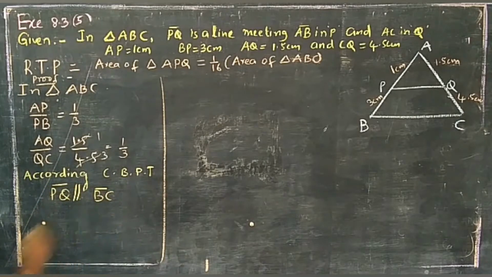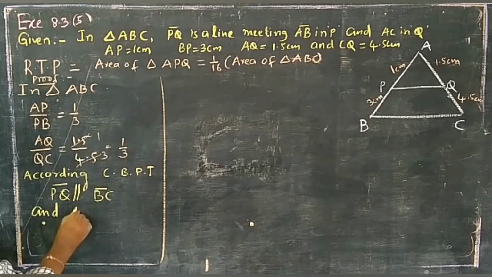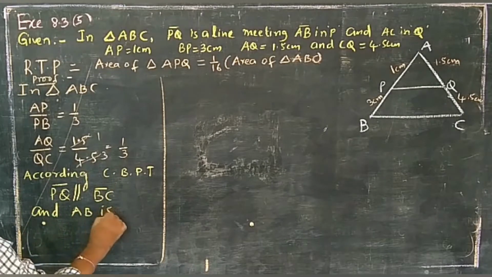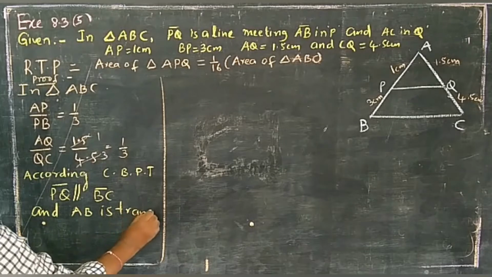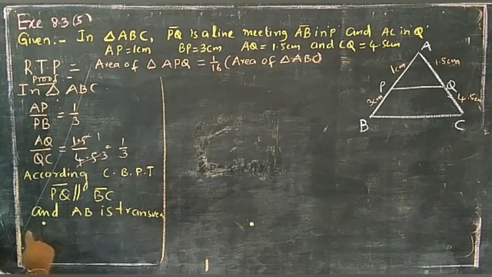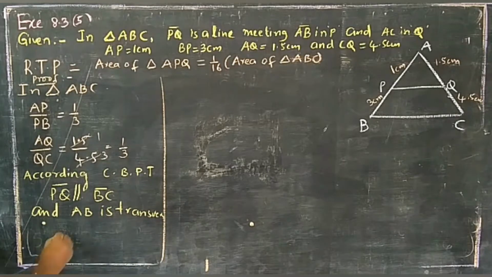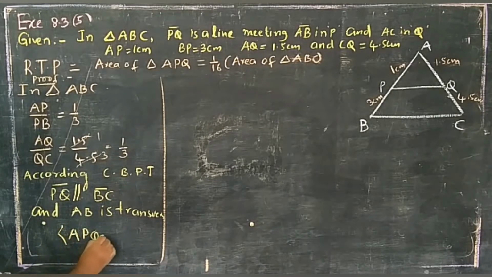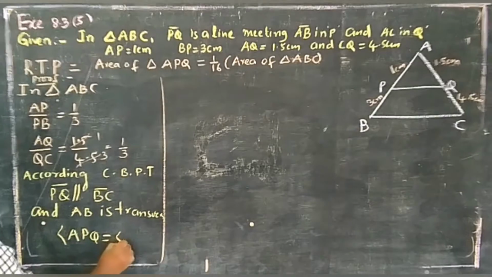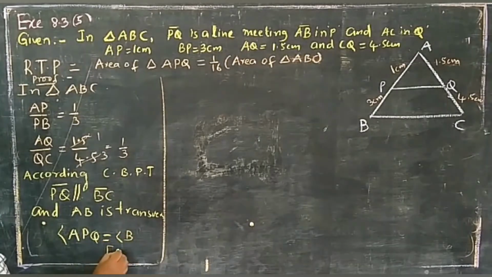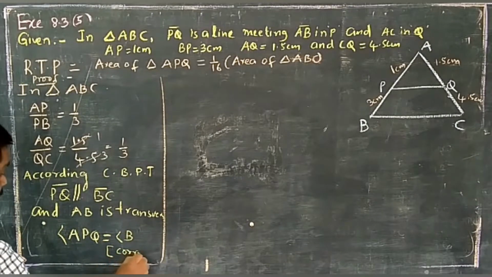Now, PQ is parallel to BC and AB is a transversal. So angle APQ is equal to angle B, because they are corresponding angles.